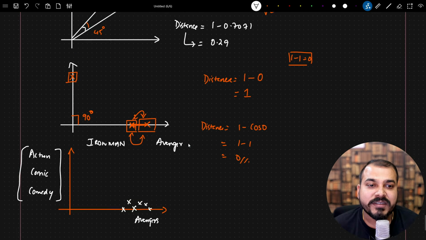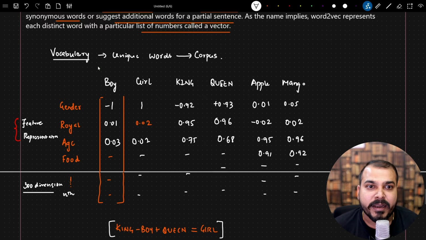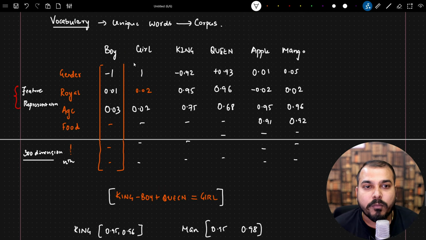Now what we are going to do is understand how this feature representation is created and how these vectors are basically created, because here I have randomly written boy to gender is -1, girl to gender is +1, because I said that, okay, this may be the opposite one.